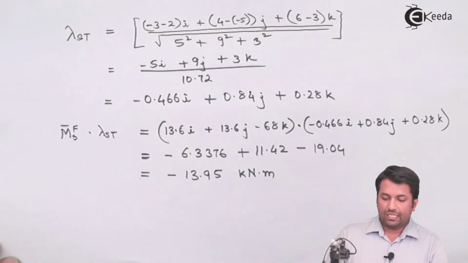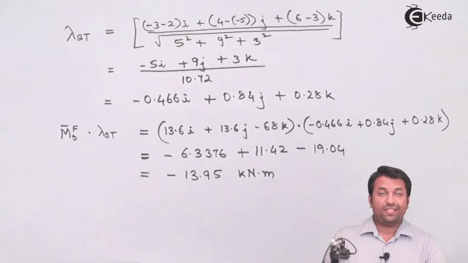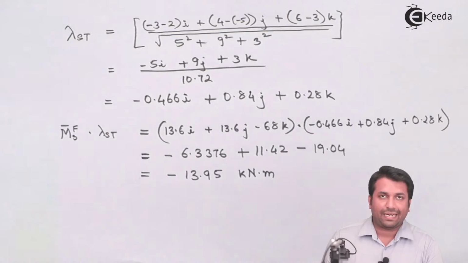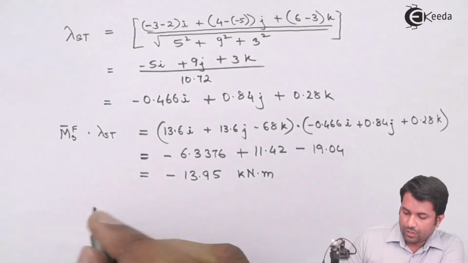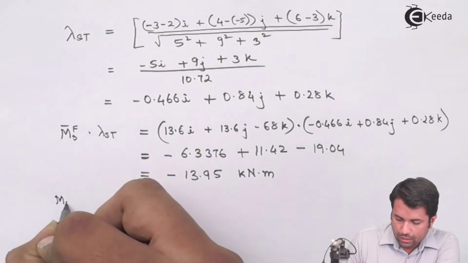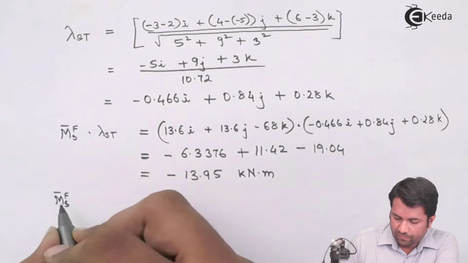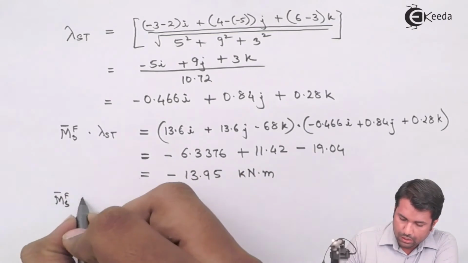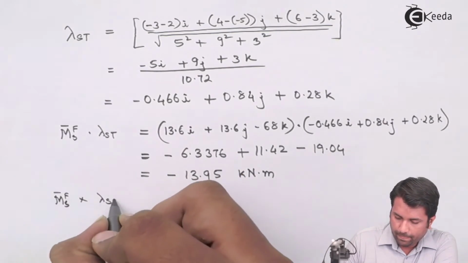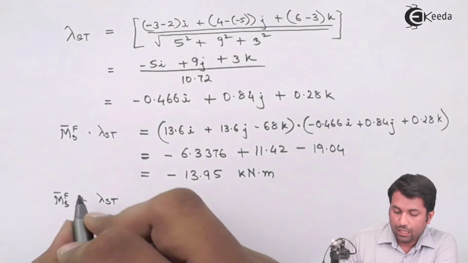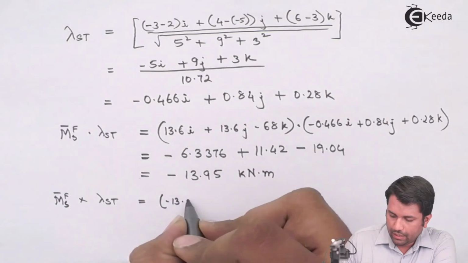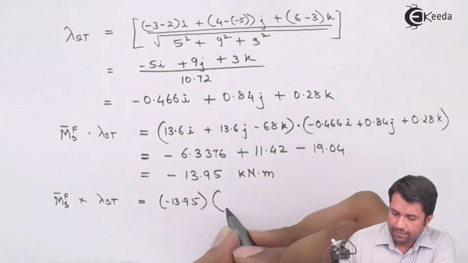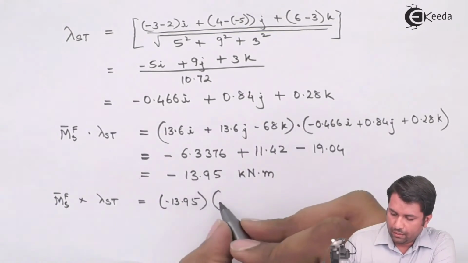Now I need to find out the moment vector with respect to the line ST. So in this case I'll just multiply this magnitude with the unit vector along ST. So that will be the moment about S for the force vector multiplied by the unit vector along ST. So that will be minus 13.95 multiplied with this unit vector.